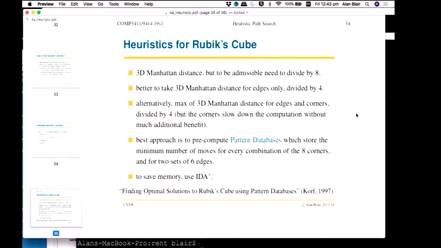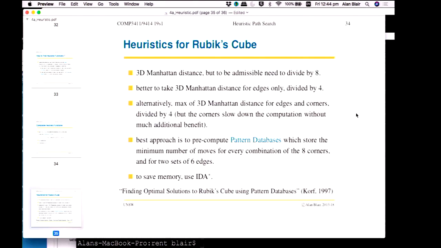So then you say, okay, that gives me a heuristic for the original problem. If I know that it's going to take exactly 11 moves to solve all the corners, obviously it'll take at least 11 moves to solve the whole puzzle, right?